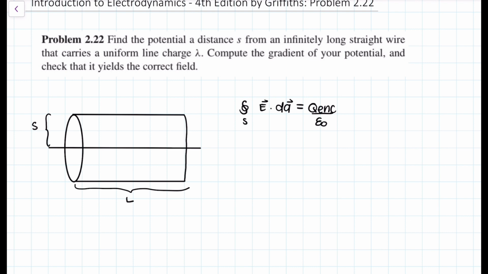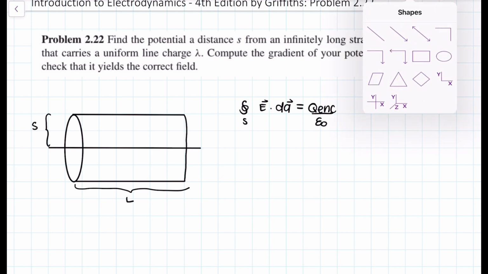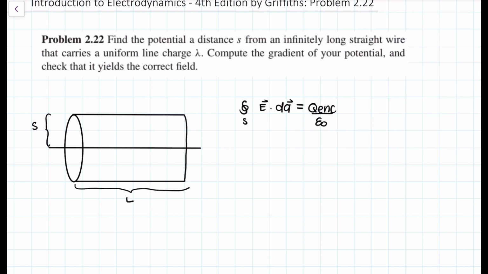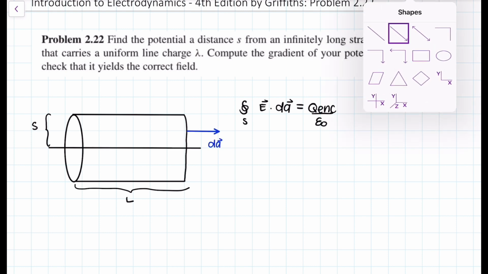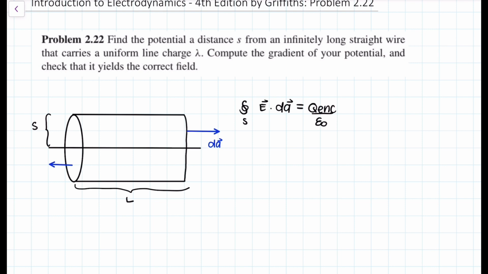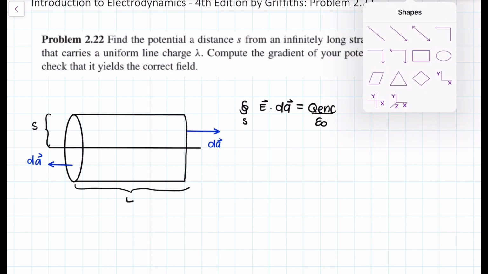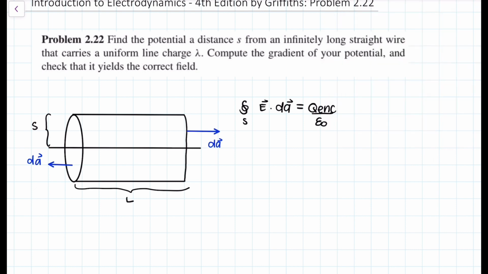First, let's look at the sides of this cylinder and let's draw the dA component, which will be parallel to the wire, as we can see. Now, due to symmetry, the electric field produced by this wire will be outward, and it will look something like this.